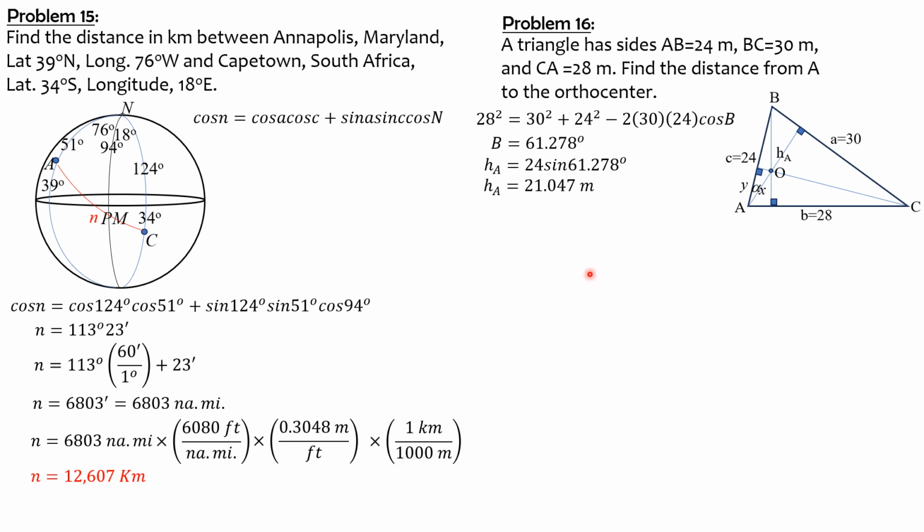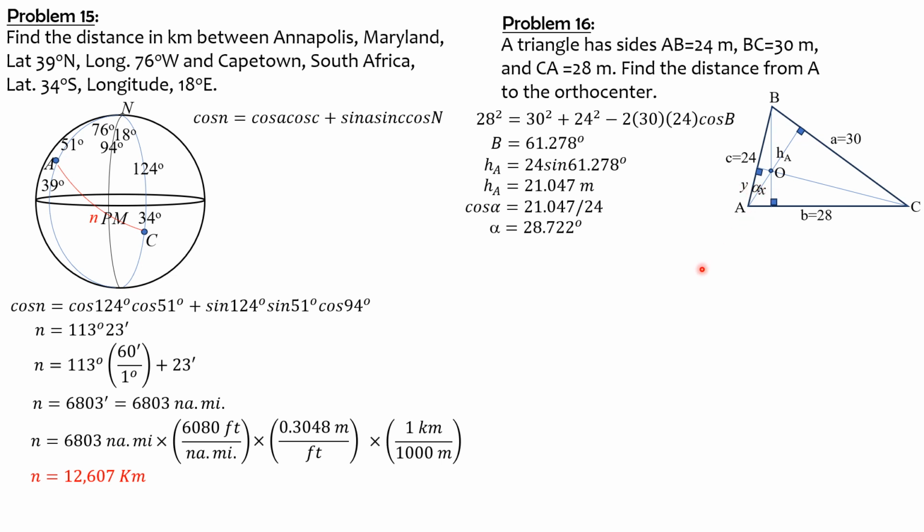I'll call this side also Y. So cosine of alpha is equal to the adjacent of alpha in this right triangle, HA 21.047, over the hypotenuse 24. So alpha is equal to 28.722 degrees. Having found alpha, we then solve for H sub C so that we can solve for Y. And finally, from the figure, X cosine of alpha equals Y, or cosine of alpha equals Y over X.